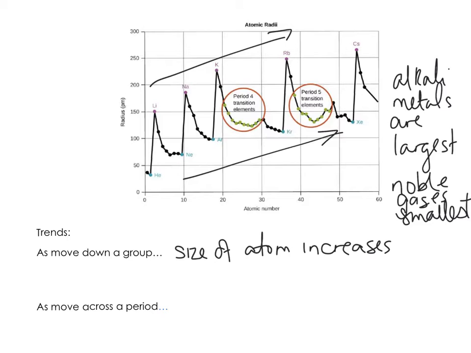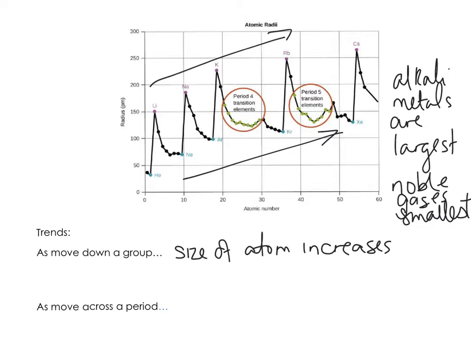Now, going across a period, so left to right. So here, moving left to right across the first period, starting at lithium, moving across the second period, across the third period, across the fourth period, across the fifth period.